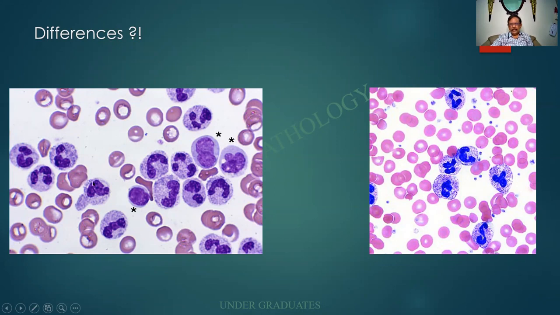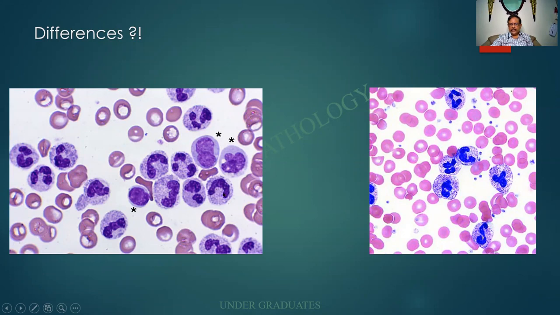But in this, there is a marked increase in the cells. Here also I find toxic granules. But added to that, there are some cells. Look at this particular cell. It is not a monocyte. It is not a lymphocyte. It is probably a metamyelocyte or a myelocyte. Here again, this is a metamyelocyte.